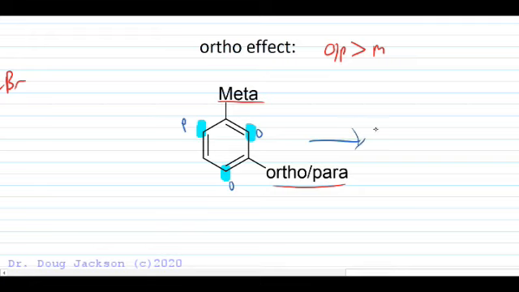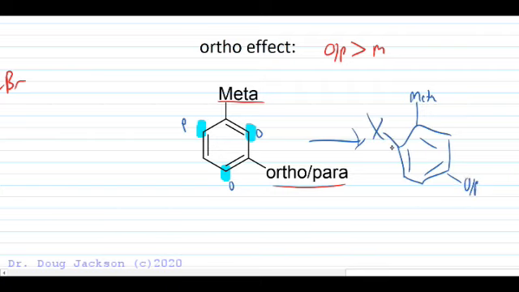But the ortho effect is that the preferred product, when you do your reaction and you put your group on, tends to go here to the ortho position of the meta, and the steric hindrance of the directors blocks that ortho position, and then this ortho position is disfavored as the major product in general.